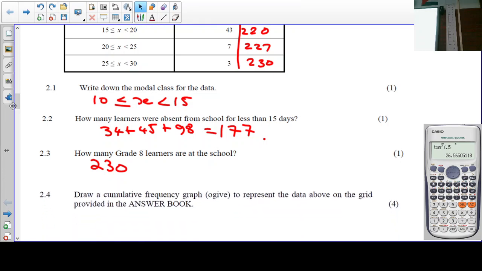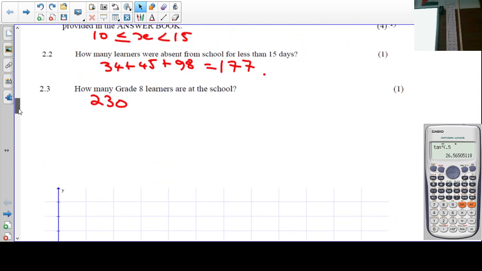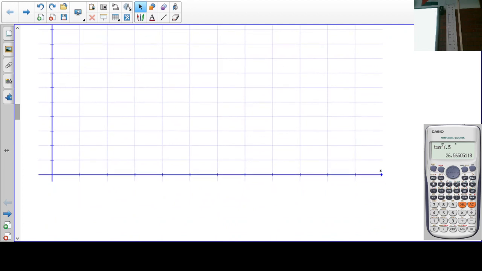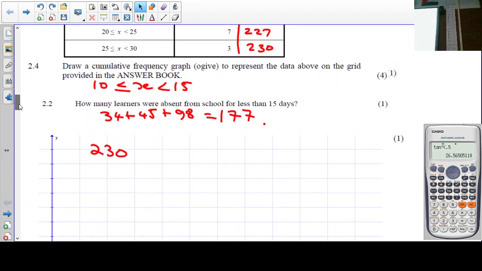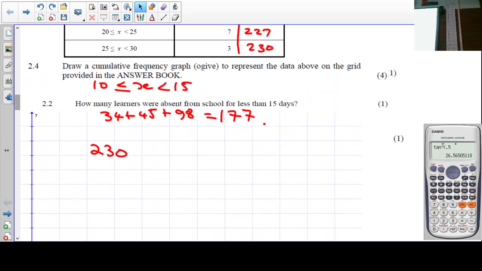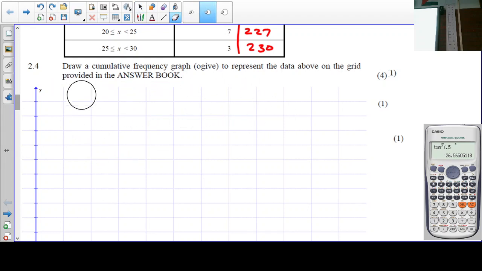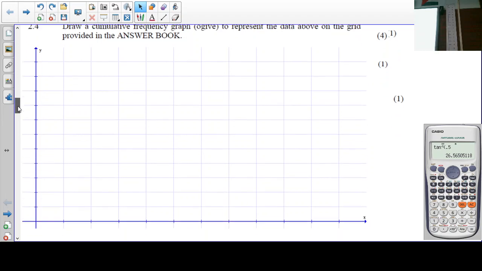In 2.4, I'm just going to bring this up so we can keep the data sheet, the data in focus. Okay, let's do it.